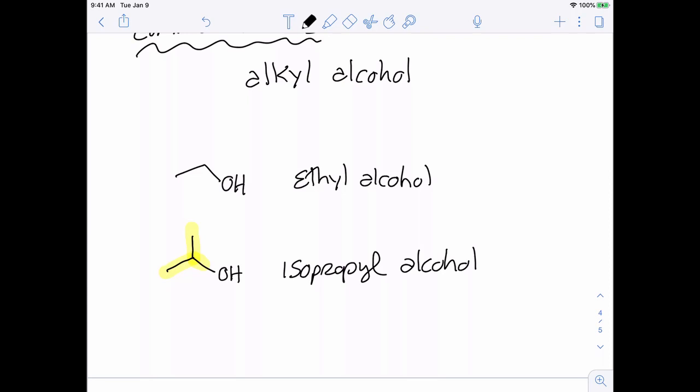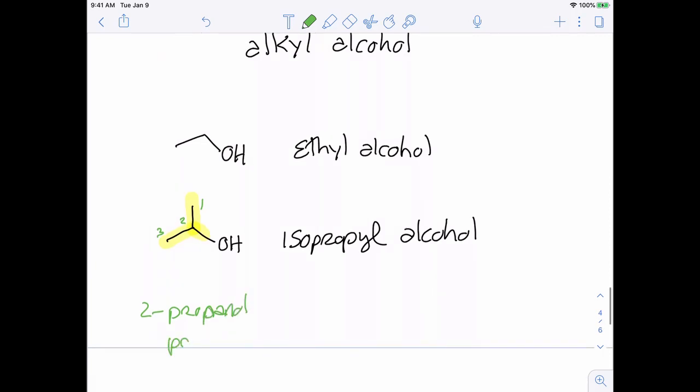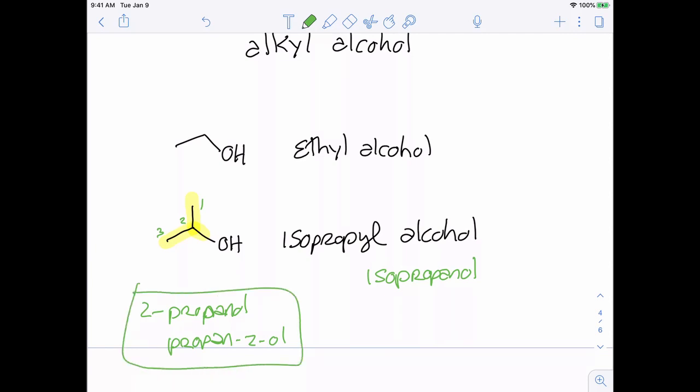Isopropanol is also not IUPAC. It's closer to IUPAC, but it's not. If we were to name this using IUPAC, I would do 2-propanol or prop and 2-ol, older method and the newer method. Isopropanol is accepted. It's a lot closer to IUPAC, but the way we're going to name it is using these rules.